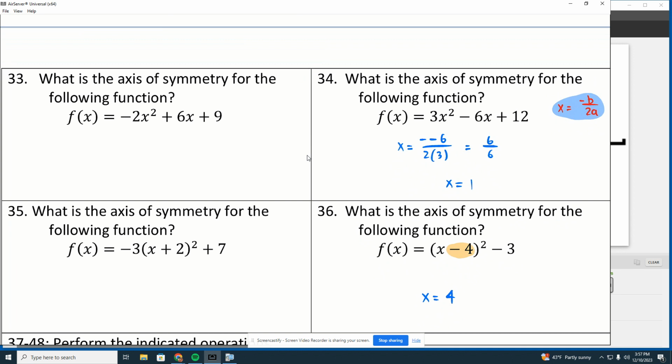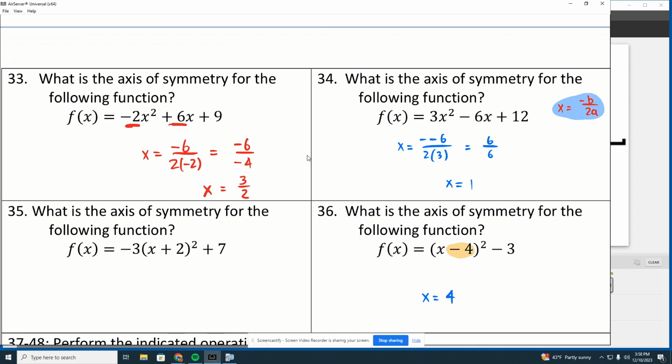So literally all I have to do is, here's b and here's a. So I just have to go negative b divided by 2 times a. Well, that's negative 6 over 2 times negative 2 is negative 4. Well, the negatives will cancel, and 6 over 4 will reduce to 3 halves. So my axis of symmetry would actually be the vertical line x equals 3 halves.